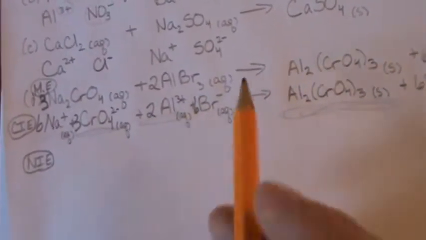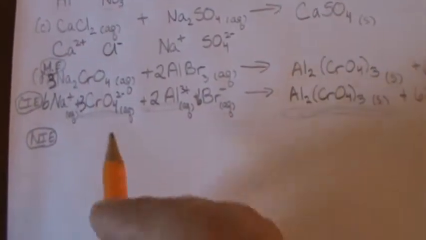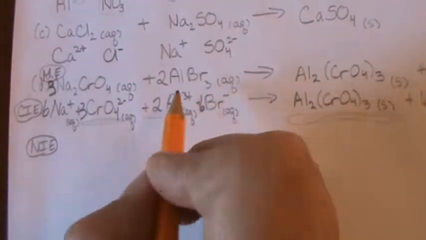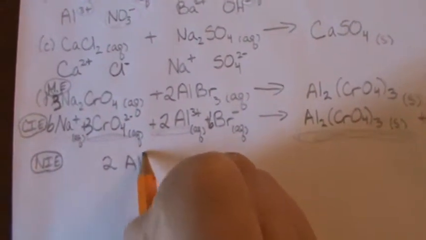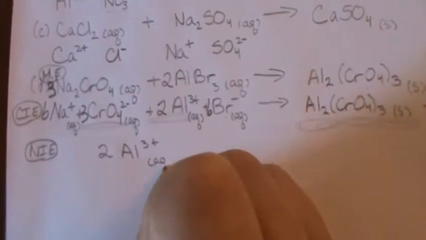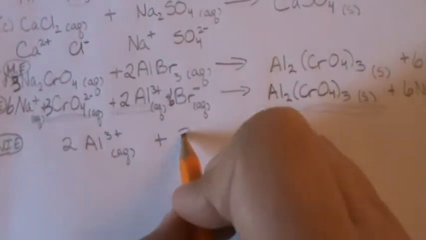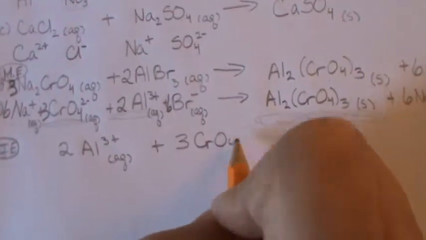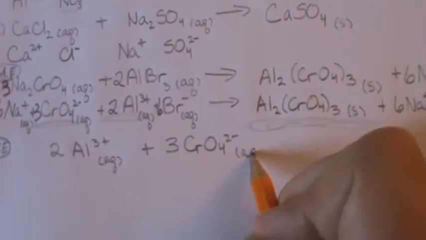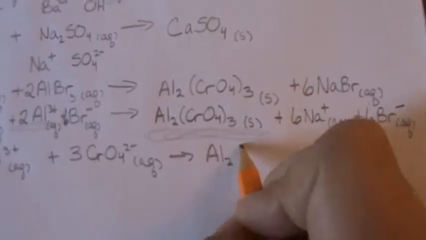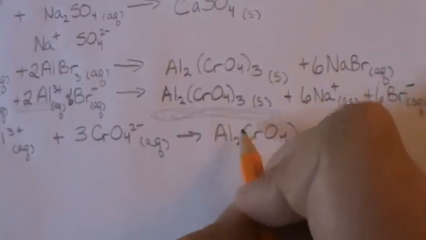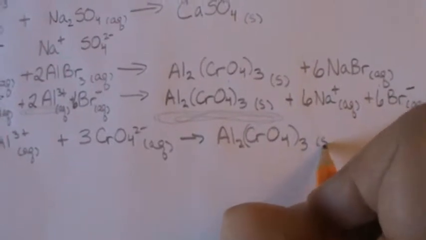So we have our chromates and our aluminums bonding together, and I like to reverse these so that I have my cations first. And our net ionic is 2 Al3 plus aqueous plus 3 CrO4 2 minus aqueous forms Al2(CrO4)3 solid.